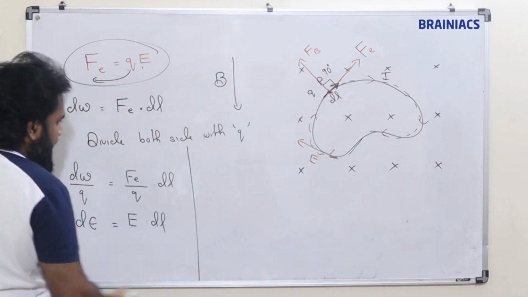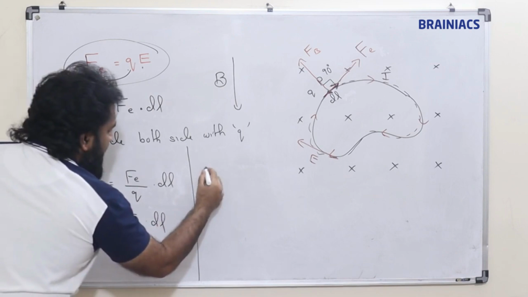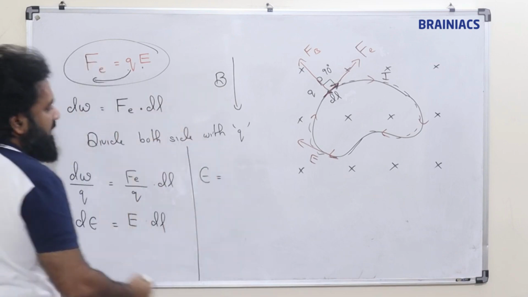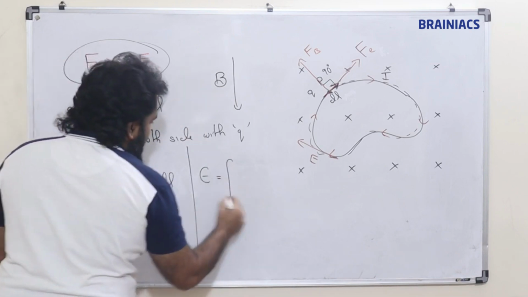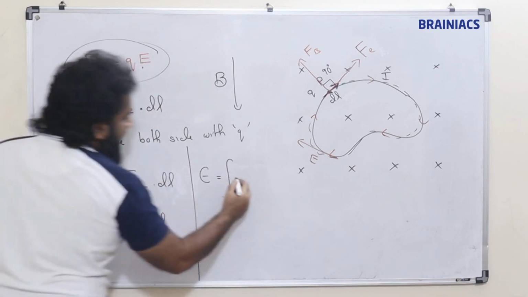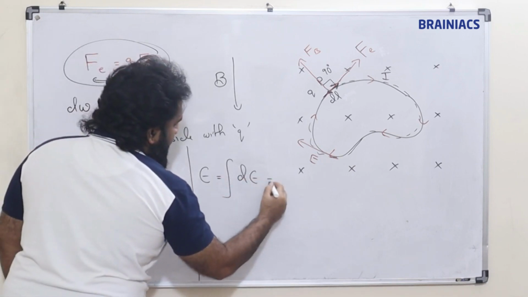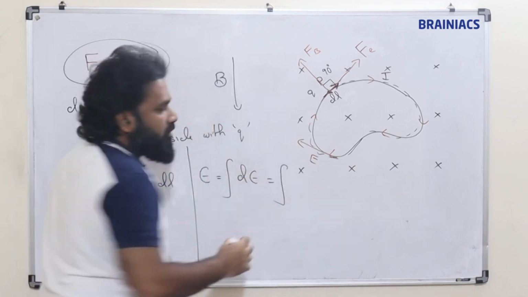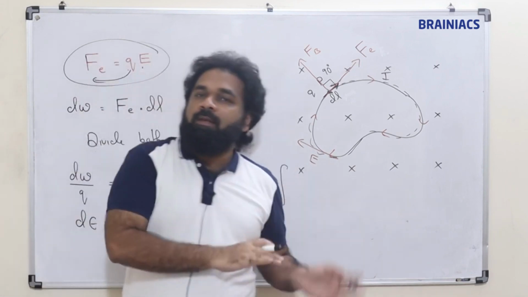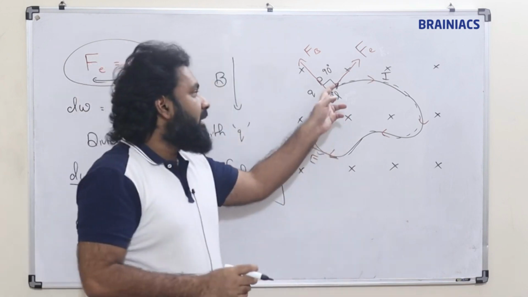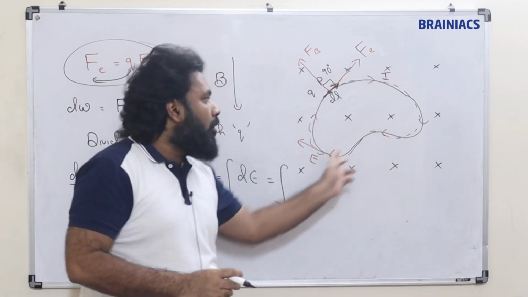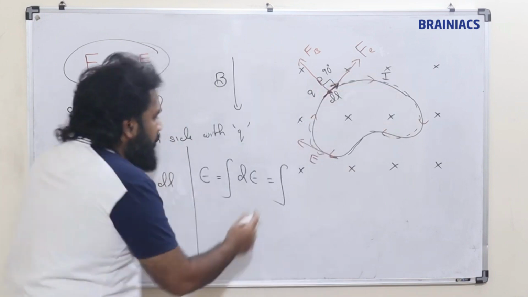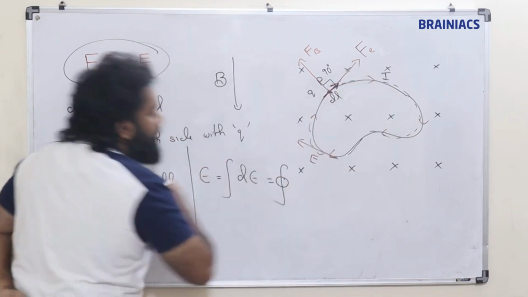So EMF is equal to the total dE. I can put an integration. Instead of integrating from 0 to L, I am integrating from this point around the closed path, so I am putting a closed integral.